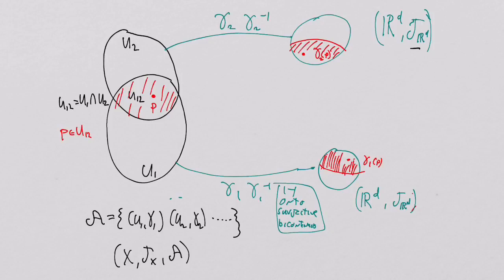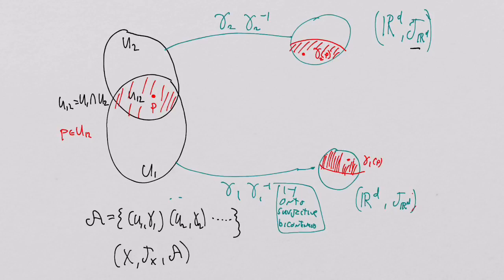And as such, they will preserve topological properties, including connectedness. So if this is connected here, this is going to be connected here. Furthermore, you're not going to develop any holes in here, because simple connectedness, which loosely means there are no holes, is a topological property too, and it's preserved by homeomorphism. So you're going to have these two regions, just like this, and the point P is going to have an image in both regions, as is every point in U12.